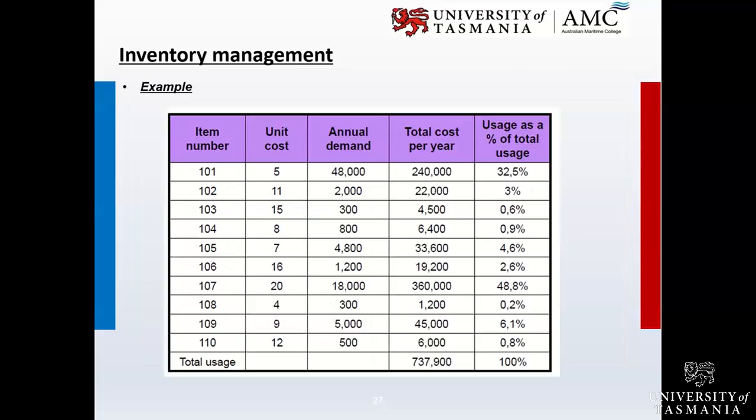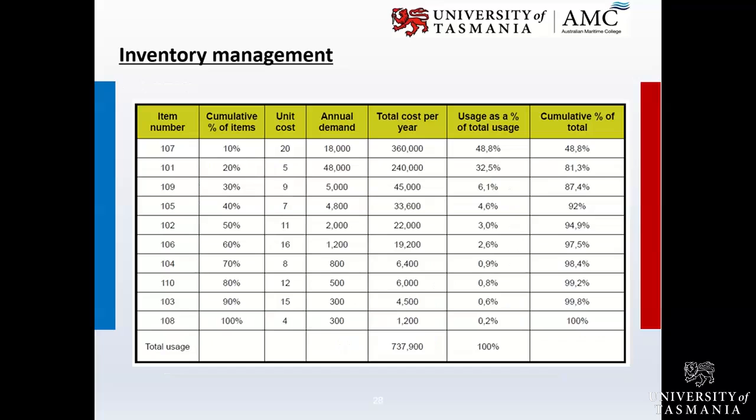Similarly, you can identify the second item is 101 because the percentage of usage is 32.5%. And then you can get all the other items and present their respective usage.